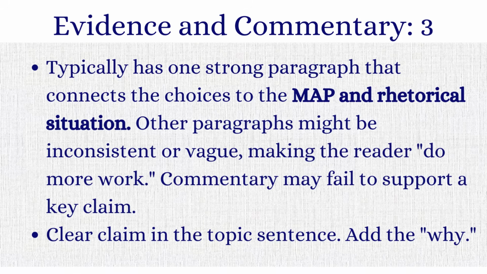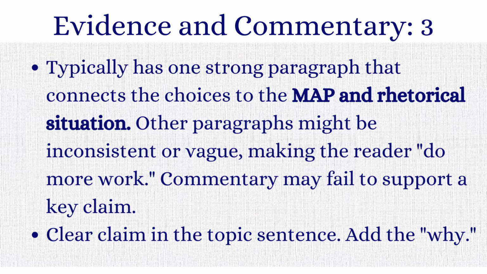All right, now we're going to talk about a 3 in row B, evidence and commentary. This is the goal. We want to earn a 3 or a 4 in evidence and commentary. When I think of papers that earn a 3 in row B, I think of papers that typically have one strong paragraph that does its job. It really explains how the choices help the writer convey a message, develop an argument, or achieve a purpose.